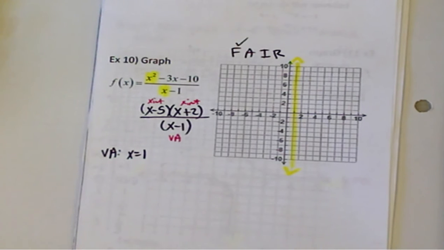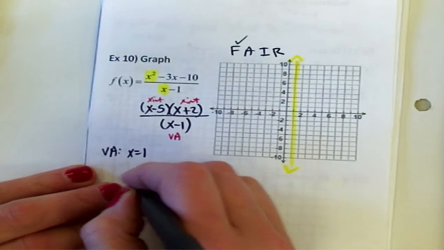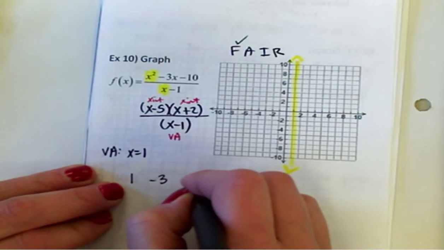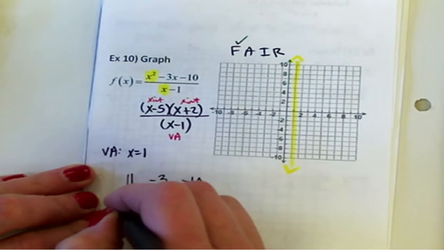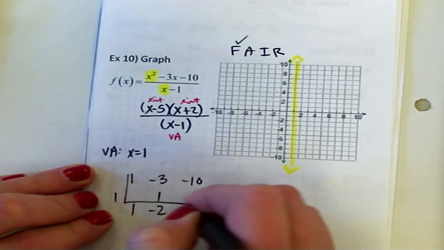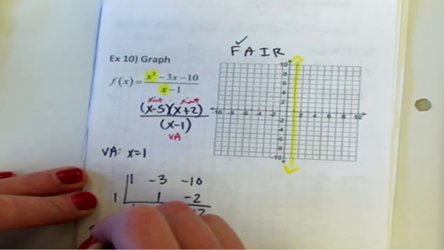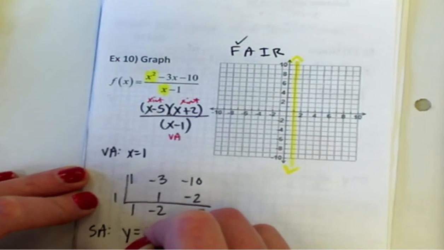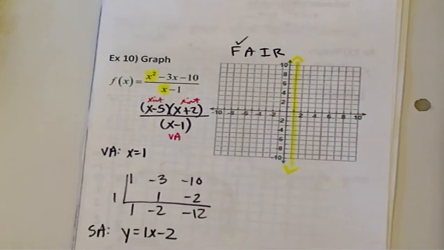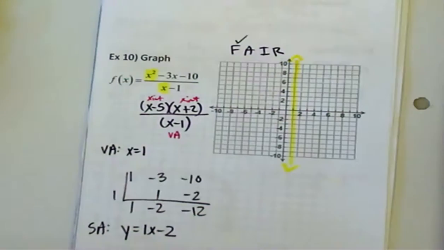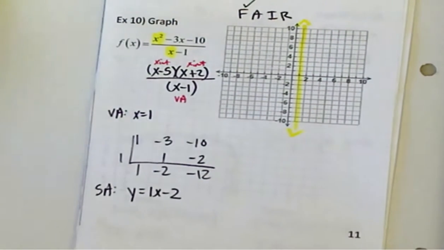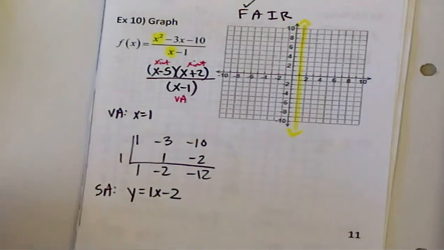There's no horizontal, which means I need to find the slant asymptote. 1, -3, -10. Okay, so my slant asymptote is this. So I'm going to put that on the graph. I'm not even writing the remainder part because I just want the quotient part.